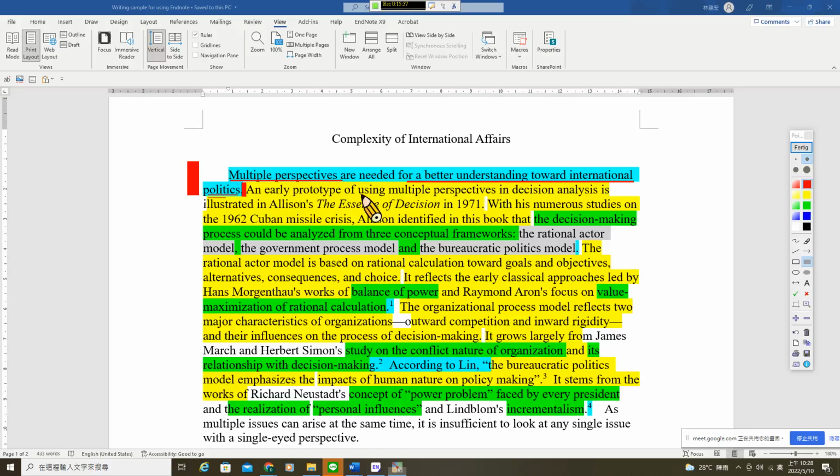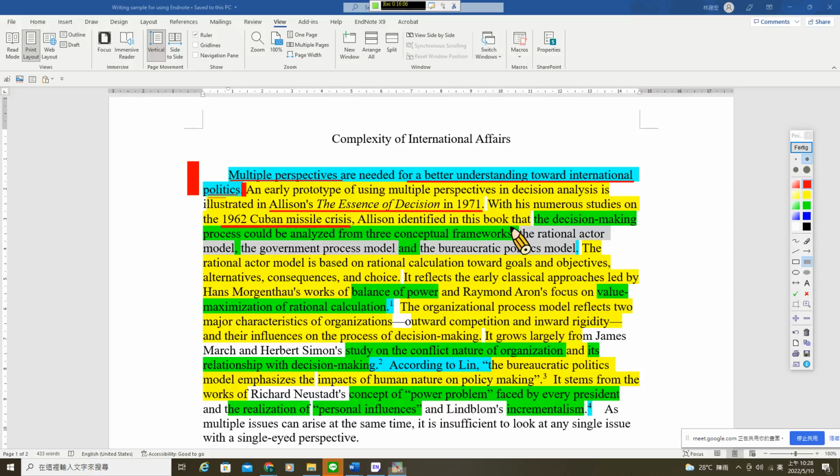An early prototype of using multiple perspectives in decision analysis is illustrated in Allison's The Essence of Decision in 1971. This book is about the Cuban missile crisis against the United States. And with this, we see numerous studies on the 1962 Cuban Missile Crisis.